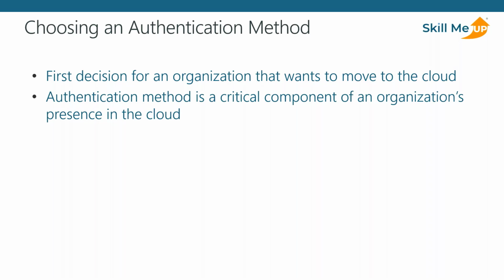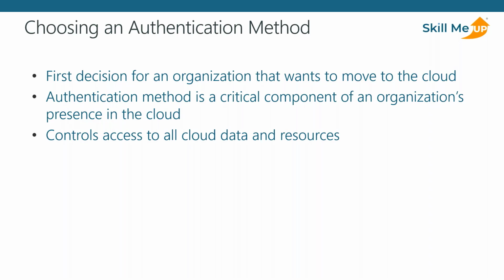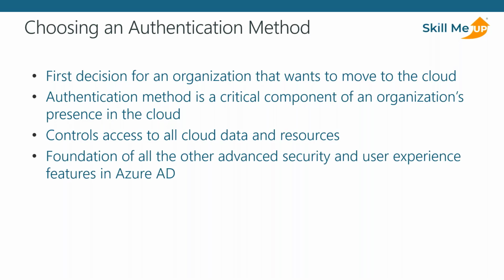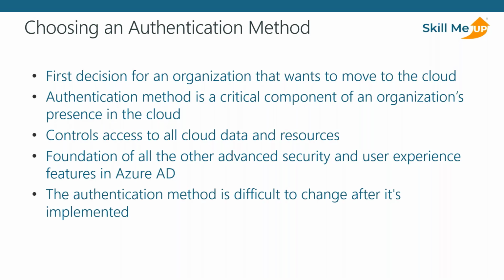The authentication method is a critical component of an organization's presence in the cloud. And then, of course, we need to look at how we control access to all of the cloud data and resources. It's actually the foundation of all other advanced security and user experience features in Azure AD. And the authentication method is difficult to change after it's implemented.